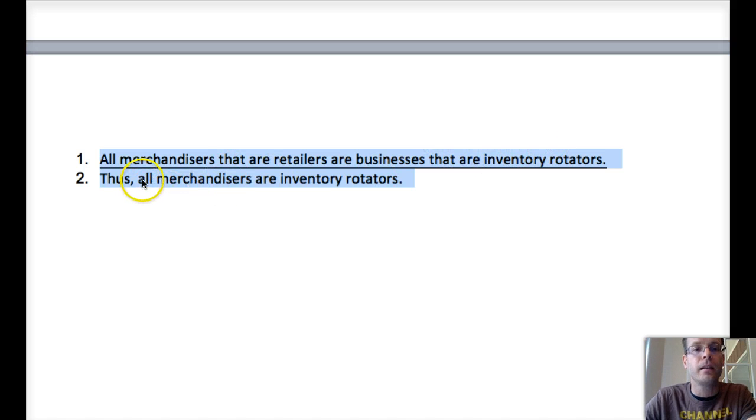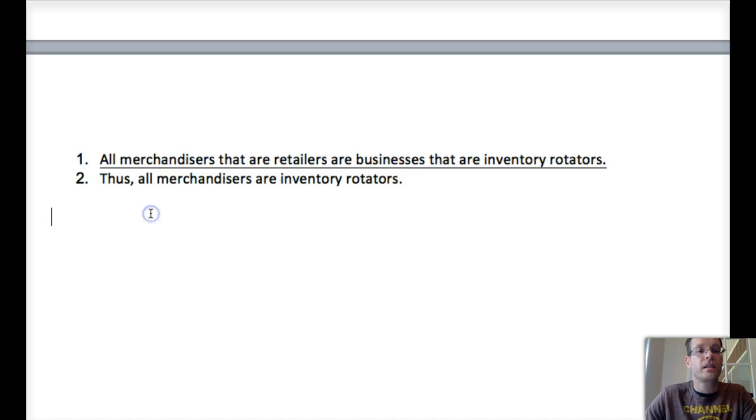Fair enough, but from that, it doesn't follow that all merchandisers are inventory rotators because this first sentence is qualified. It says all merchandisers that are retailers. But down here, so that's just for retailers. But over here, they're including all merchandisers, including non-retailers.